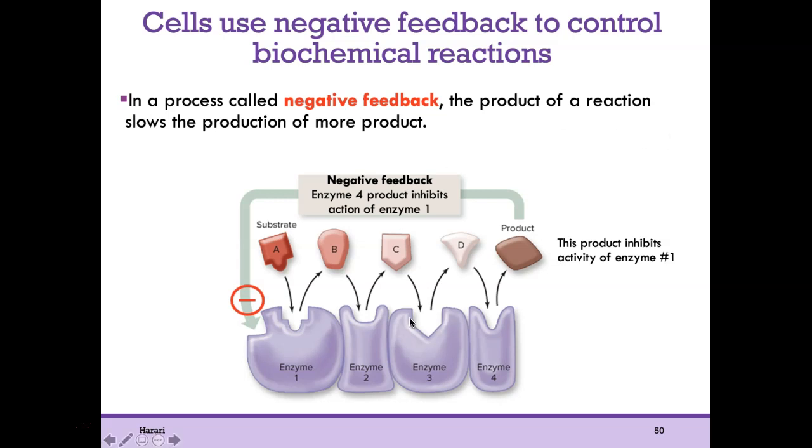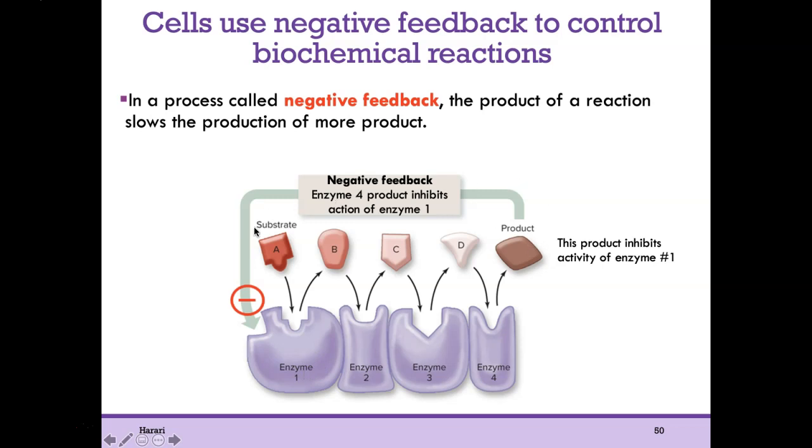Let me explain. Suppose we have 4 enzymes that work together to convert A into a product. Well, if we already have enough product, we don't want more, right? Why use more energy to continually make more product? So in negative feedback, the product of enzyme 4 actually inhibits enzyme 1.